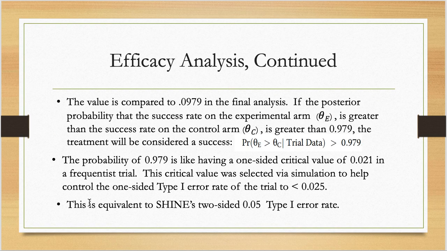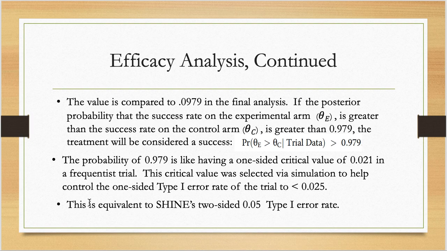So the value is compared to 0.979 in the final analysis. If the posterior probability that the success rate on the experimental arm is greater than the success rate on the control arm, theta experimental greater than theta control given the trial data, is greater than 0.979, the treatment will be considered a success.